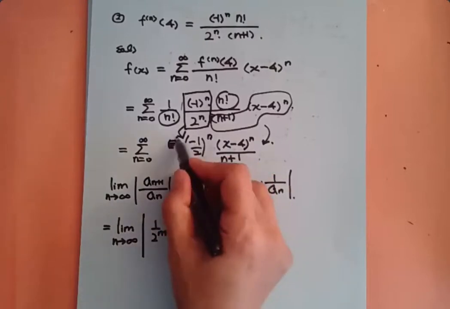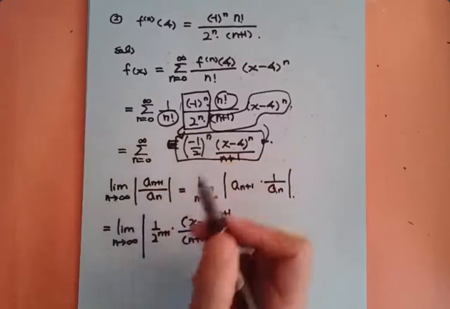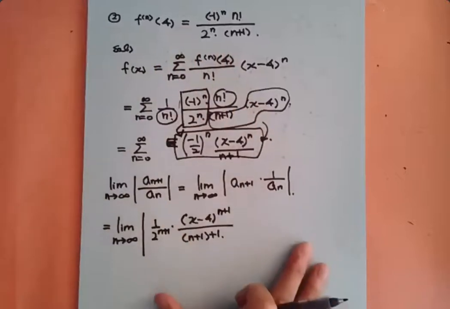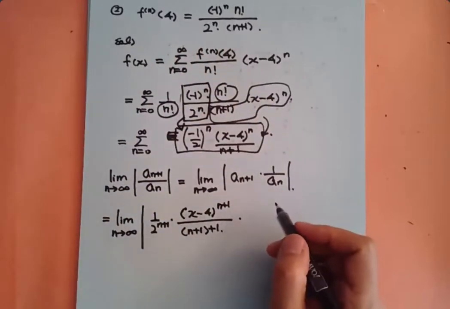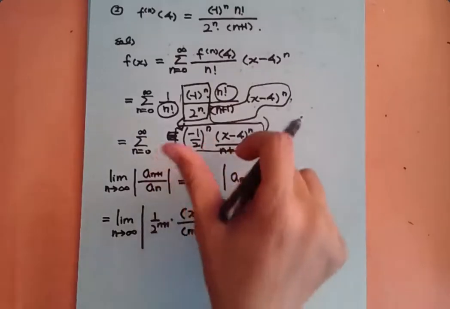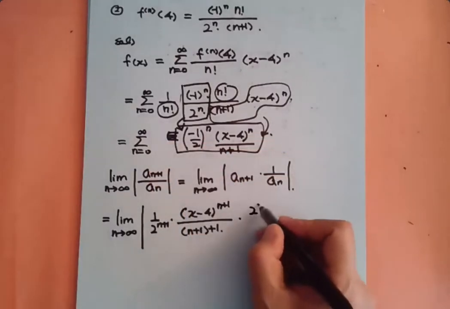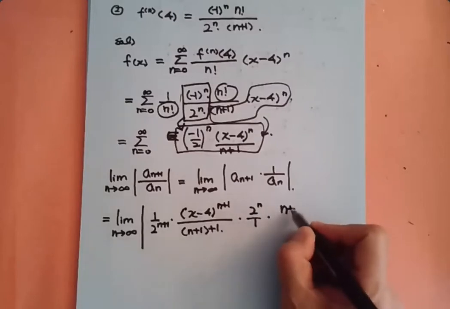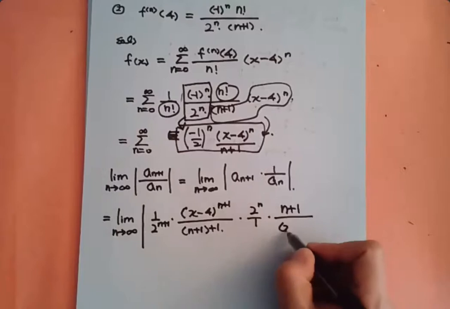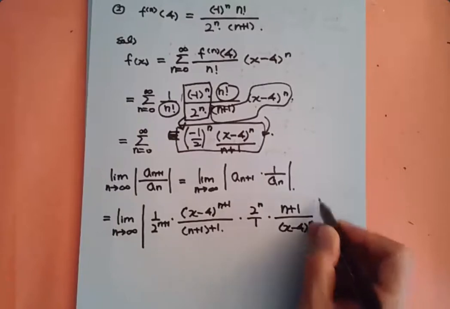So indeed, we are talking about this part, right? Not this part. Times, we have to flip this. So 2 to the n power over 1 times n plus 1 over x minus 4 to the n power.